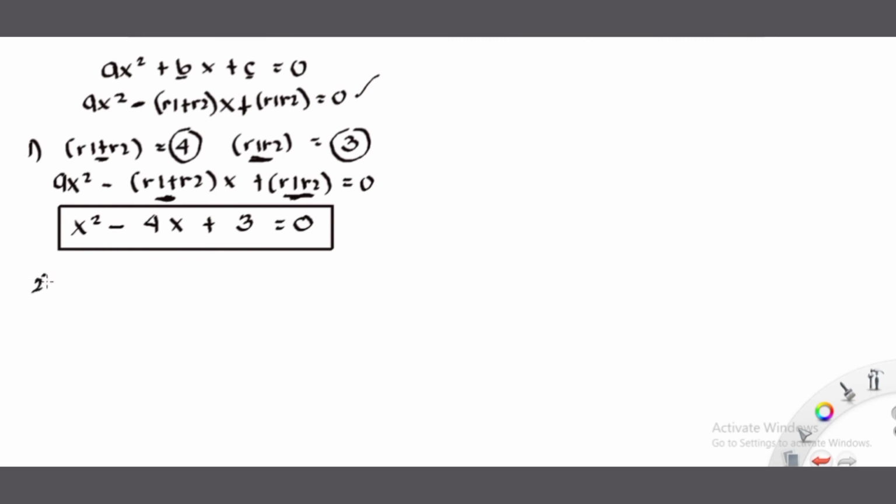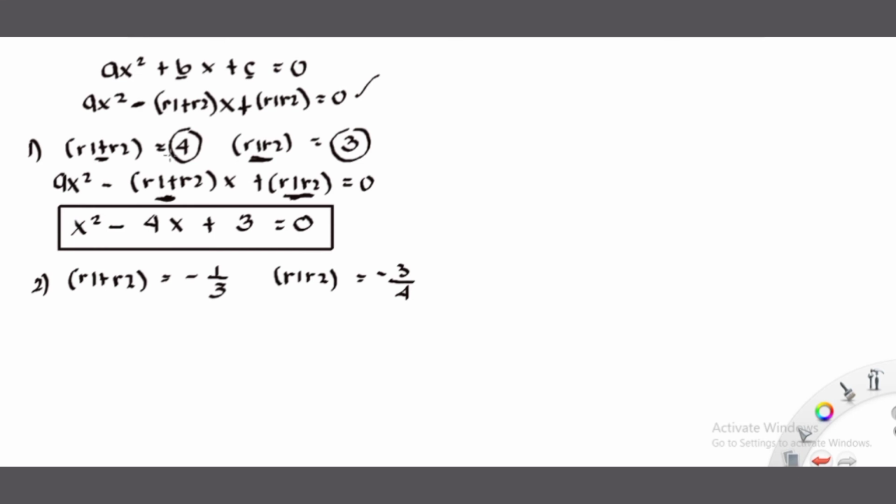Let's say we have the sum r1 plus r2, which is negative 1/3. And then the product r1 times r2, which is negative 3/4. So, by the way, yung a natin, tinanggal natin, that's 1. 1 na lang yan.